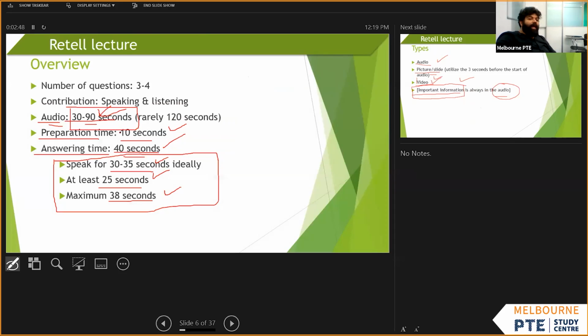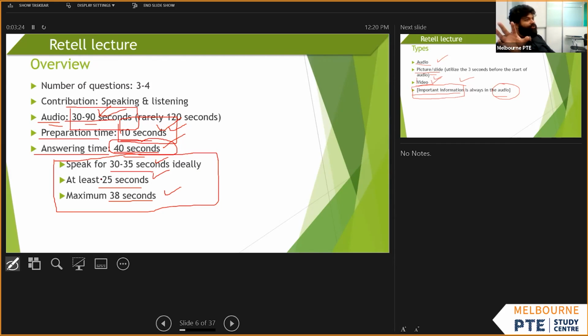And after the audio, it will give you just 10 seconds to prepare. Just 10 seconds, not more than that. And then you will have an answering time of 40 seconds in which you will be retelling or summarizing the information of your audio, by of course recording your answer. All right, and have a look at these 3 points that I wrote for this task.